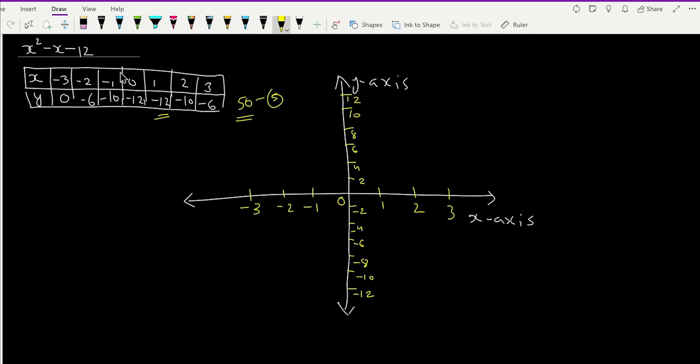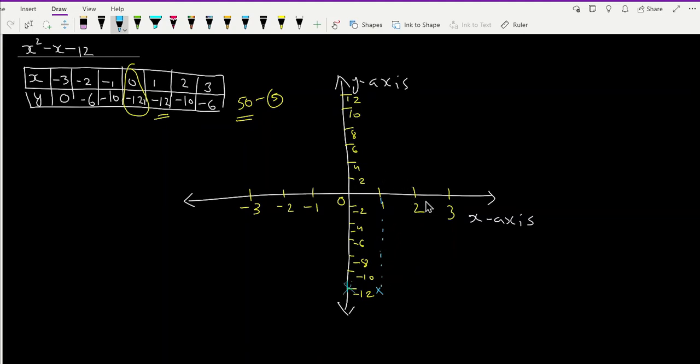So for 0 we'll plot. x is equal to 0, so you are getting the point at minus 12. So this is our point. Similarly for 1 also, you are getting minus 12 here also. So this is our 1 value, minus 12.